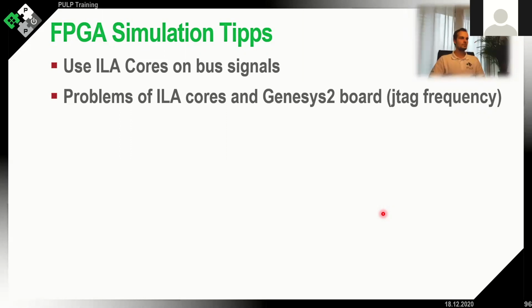Once you have regenerated the bit stream, this will allow you to watch the signals in your FPGA port as if there was an oscilloscope attached to it. So you can program triggers on the different signals.